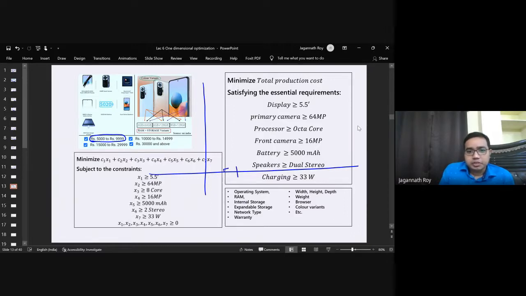So up to this range, for example, this is 5,000 to 9,000, and then after this is 10,000 to maybe 15,000. Okay, so how many customers are there?